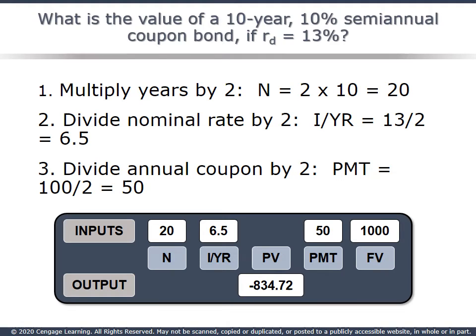And finally, the coupon will be our $100, but now we're dividing by 2, so we'll have $50 in coupon payments every 6 months. So when we're finding the price on this bond, our pricing rules still will apply.